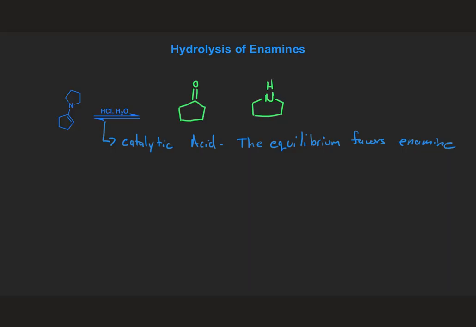But under stoichiometric acid, so that's one whole equivalent of HCl, the hydrolysis product, or the ketone and the amine, are favored.